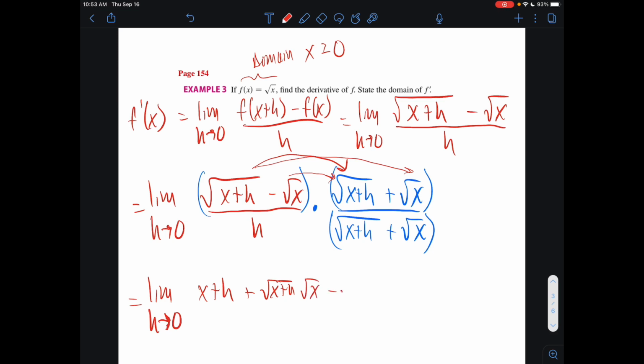I would have those two products, but one of them is positive and the other one is negative, so they are going to cancel each other out. And then finally, what's left is the negative square root of x times the positive square root of x gives me a negative, and then the square roots cancel out, and I'm just left with x. So this is why we multiplied by the conjugate. We get this simplification.